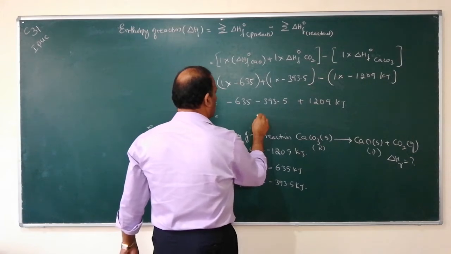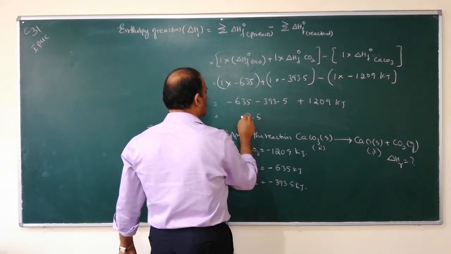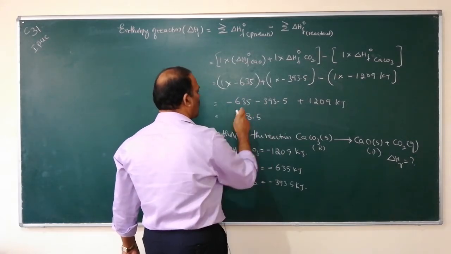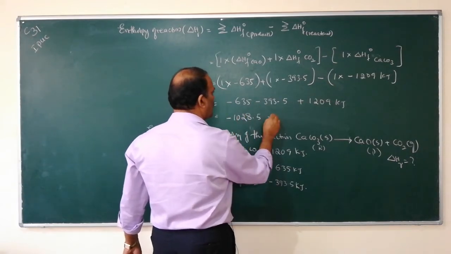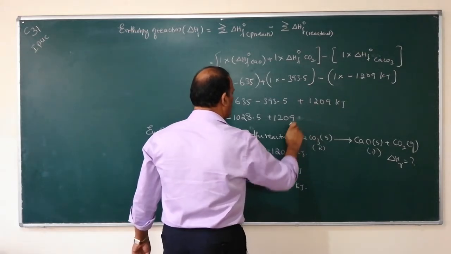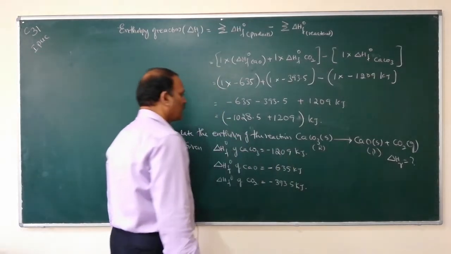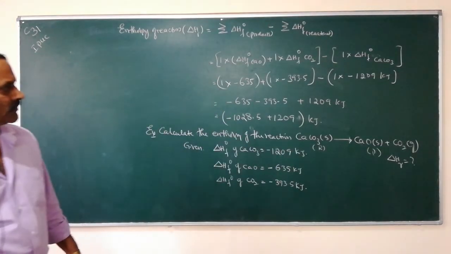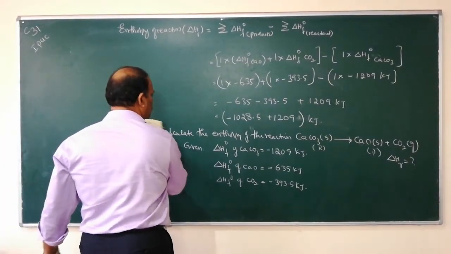635 plus 393.5 is 1028.5, so this is minus 1029 plus 1209 kilojoules. So that is equal to how much?